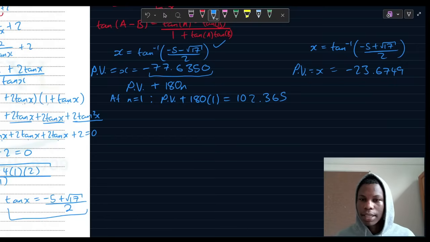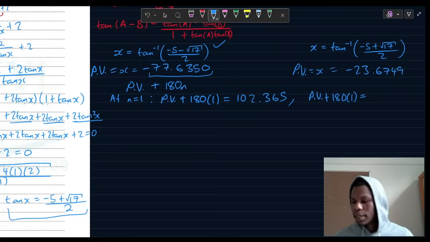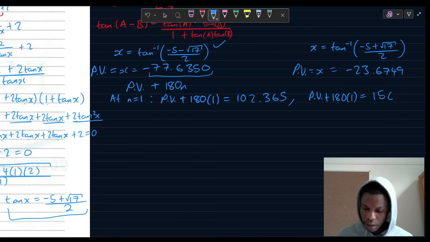So we can use the same formula at n equal to 1: PV plus 180 times 1 gives us 156.325 degrees.